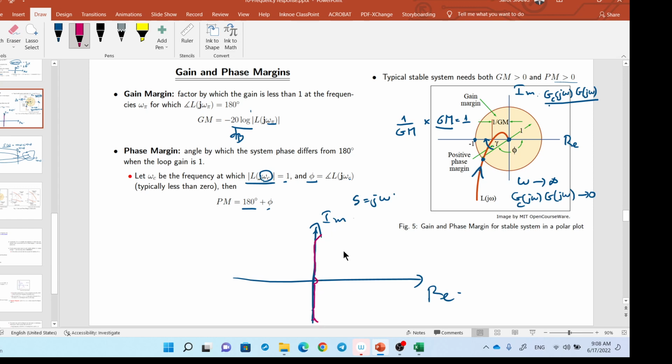And we know that all the right half plane of s contains the poles of the closed-loop transfer function.